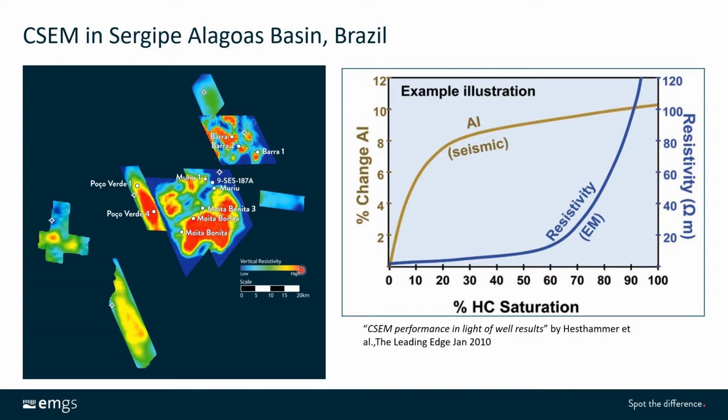Over here the red color represents the resistor and the blue color represents the conductor. So if you see over here, it has been drilled on the conductor. This well has been drilled just on the edge of the prospect. This is drilled on the conductor. This is drilled on the conductor. This is drilled on the conductor.